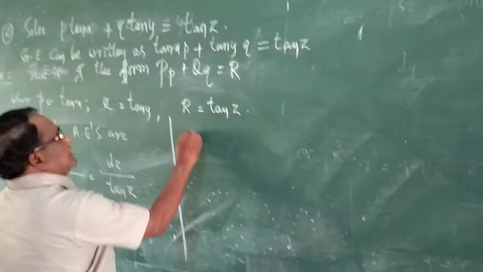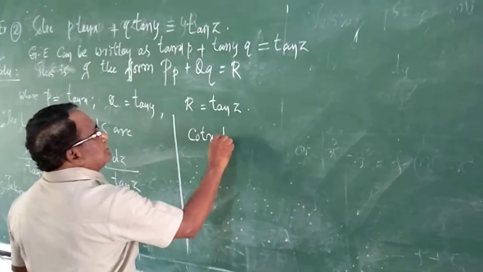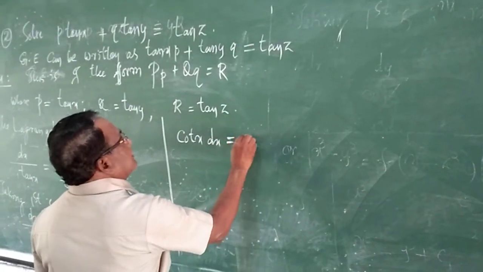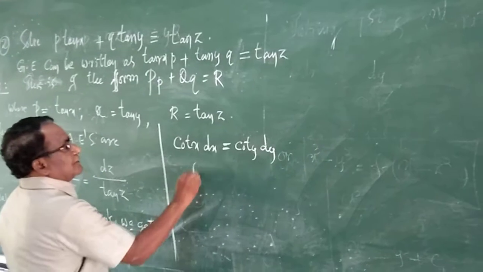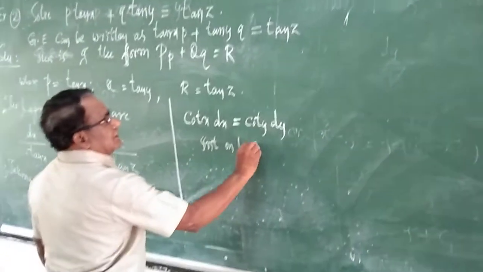This can be written as 1 over tan x, which is cot x, into dx is equal to 1 over tan y, which is cot y, into dy. Now integrate it on both the sides.